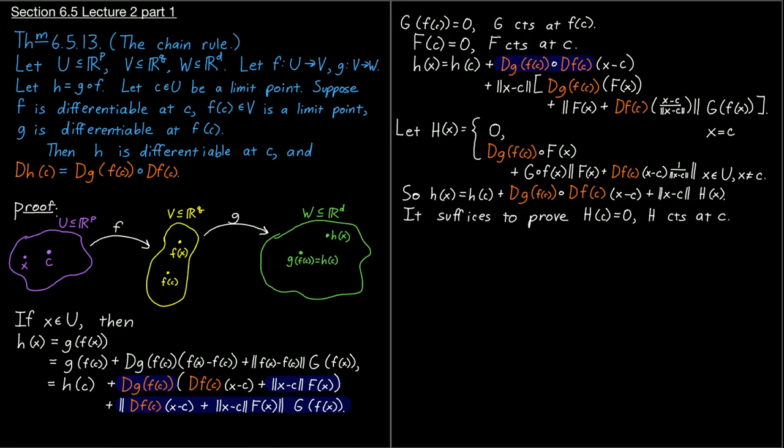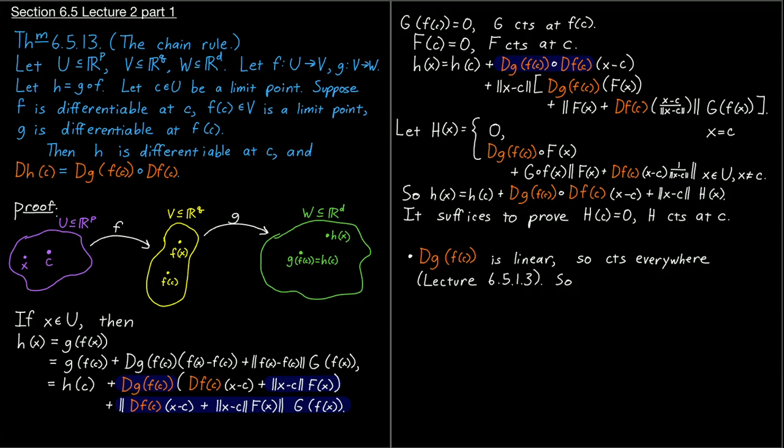So first off, we've got that this thing, dg of f of c, is linear. As we saw at the end of the last video, it is continuous everywhere. And that is a proposition we saw in lecture 6.5.1, part 3.